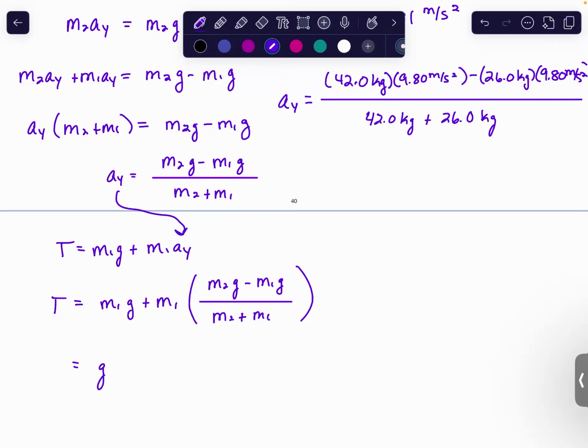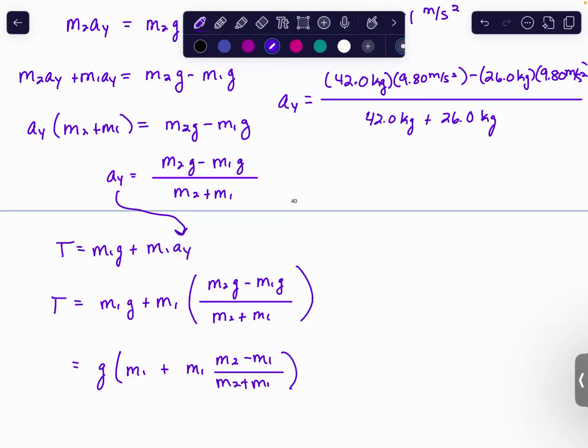Factor out the G. Now, to get to this solution, we're going to use one of the most common tricks in physics called multiplying by 1.